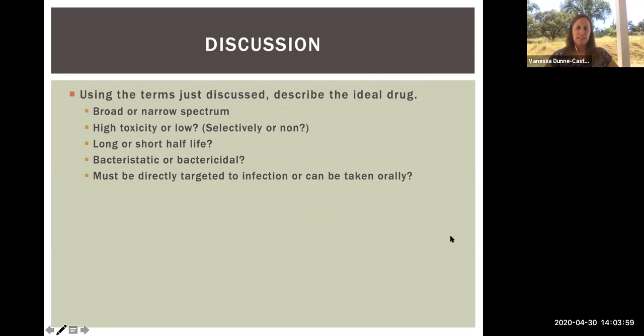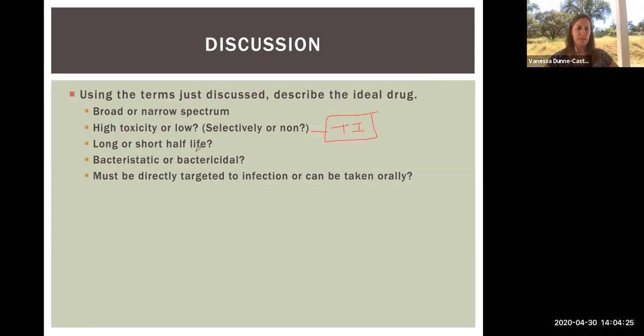So with these concepts in mind, I'll have you do this during the lecture discussion time, but you'll use these terms to describe essentially the ideal drug. And in some cases, of course, you need to say there are limitations, or under this circumstance you might want to choose this type of medication or the other. When you're discussing toxicity, you really want to emphasize the therapeutic index. Do you want this high or low?